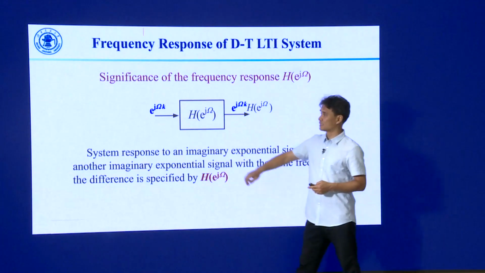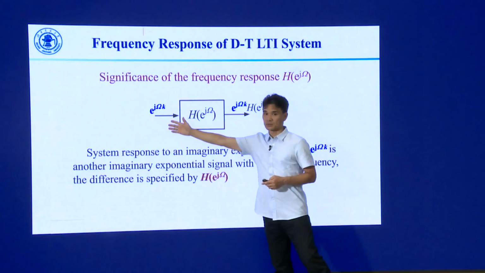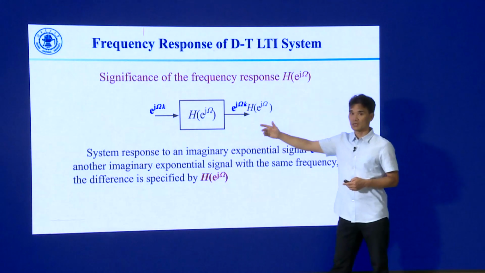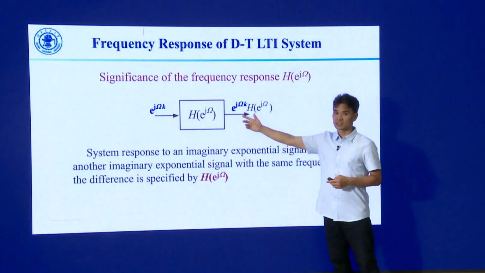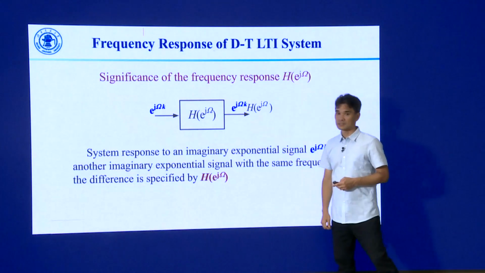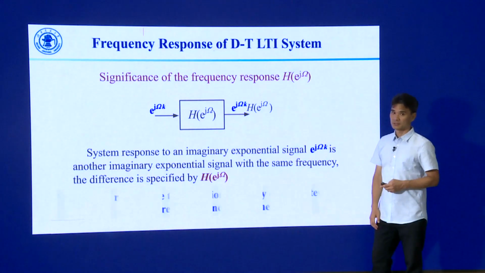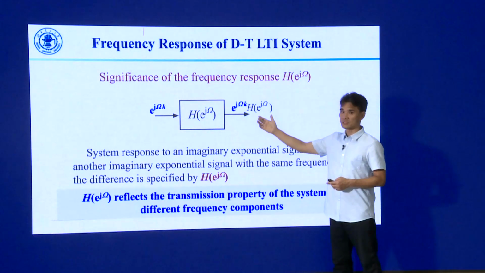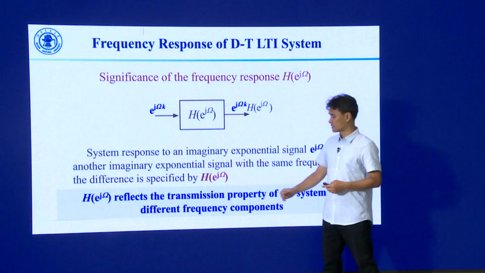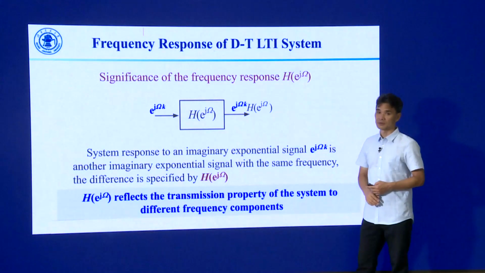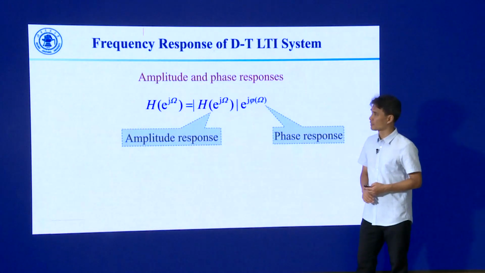When you have an imaginary exponential signal, the response to that signal will be the same imaginary exponential signal, but modified by the system's frequency response. In other words, the system's frequency response actually is the transmission property to different frequency components.